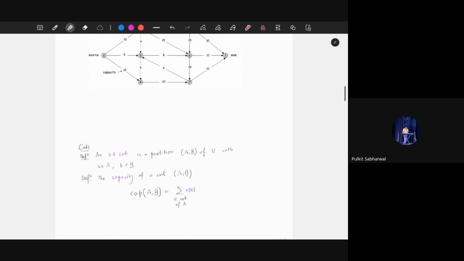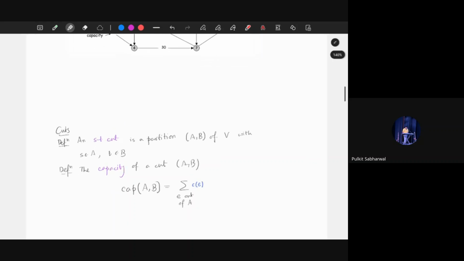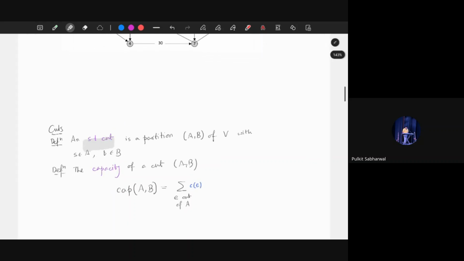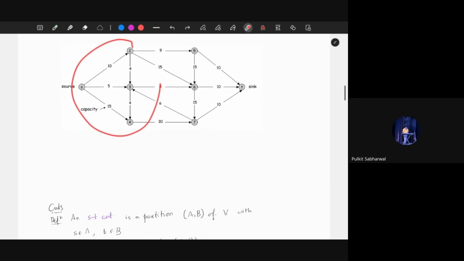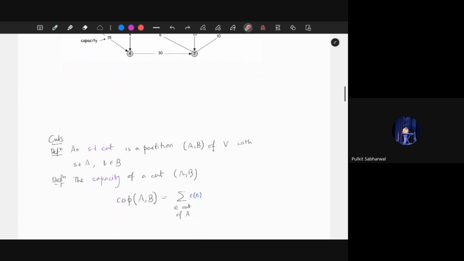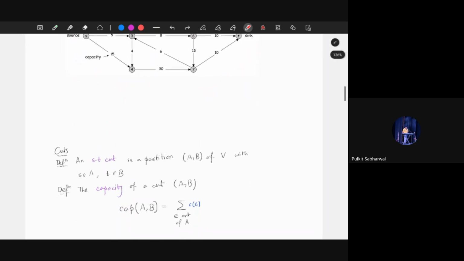We call it an s-t cut, a partition A, B. So this part is A, this part is B, such that S should belong to one part and T should belong to the other part.